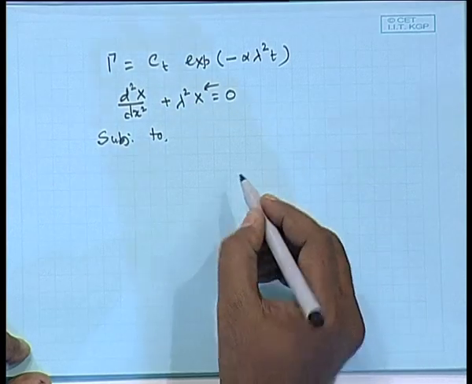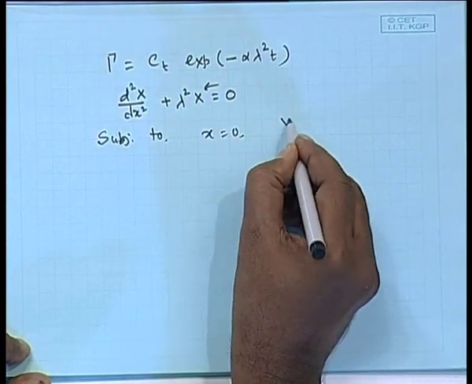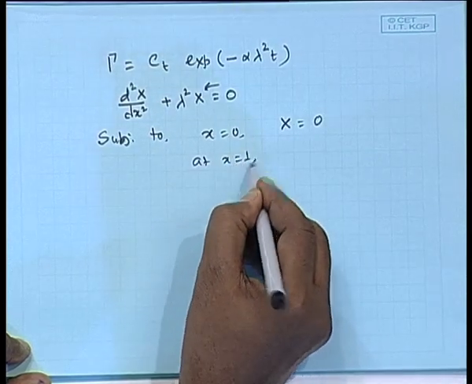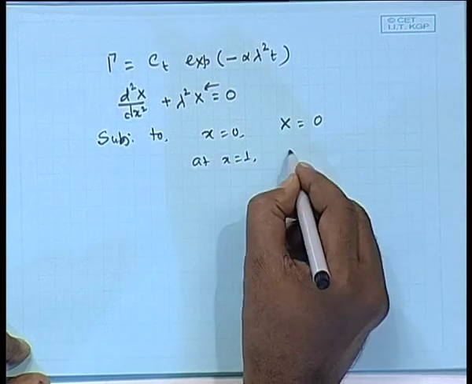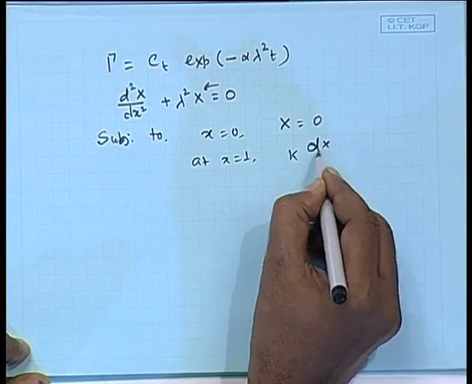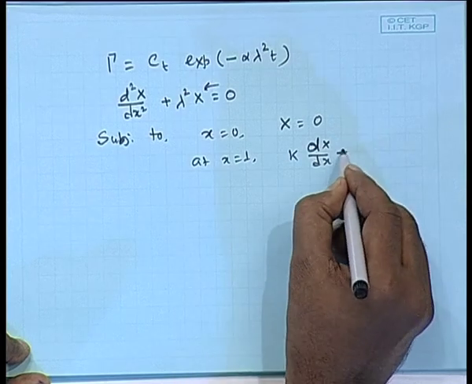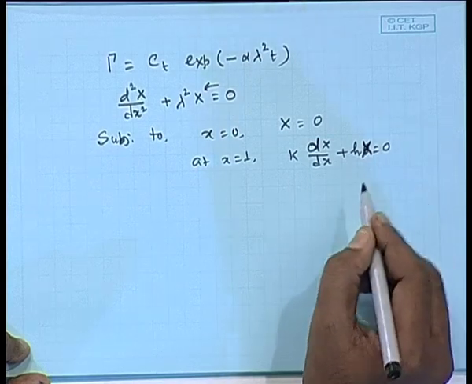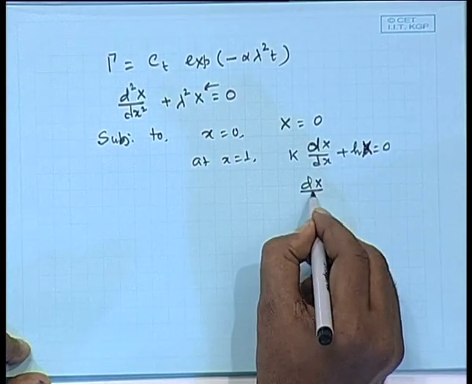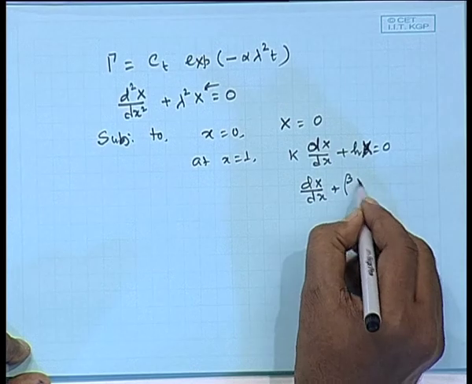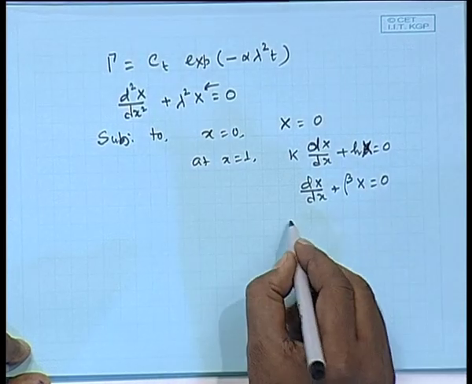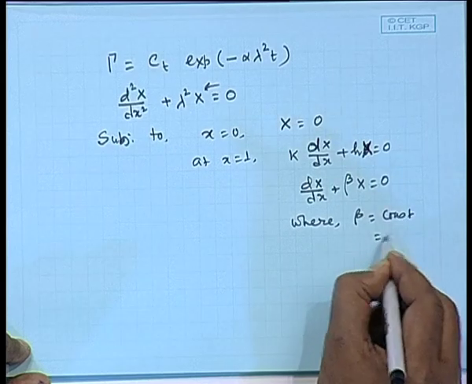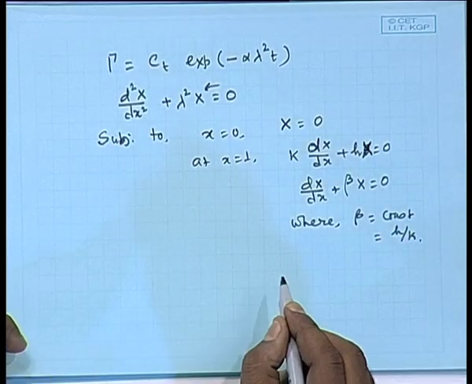That means, at x equal to 0, capital X is equal to 0, and at x equal to 1, you had k dX/dx plus h X is equal to 0. That means dX/dx plus beta X is equal to 0, where beta is a constant and it is h by k.